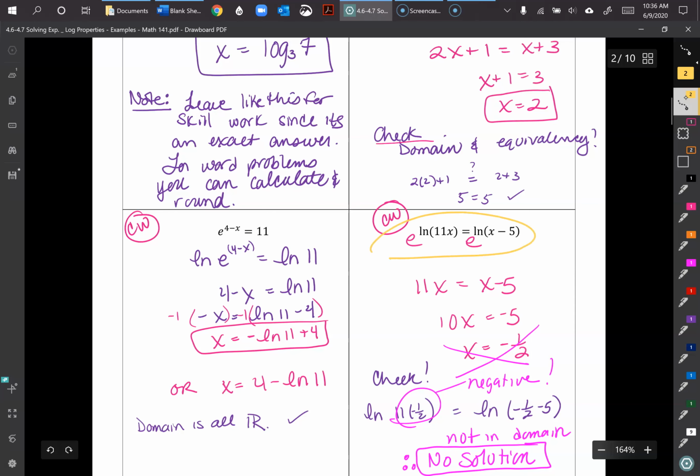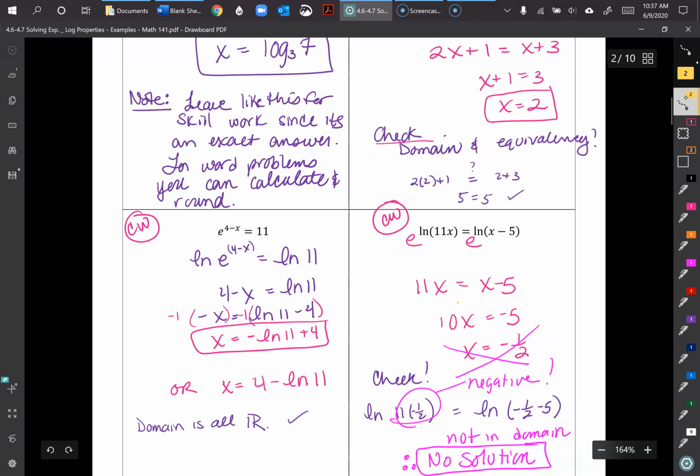On this other one on the right-hand side, we started with natural log of 11x equals natural log of x minus 5. So we can exponentiate and raise each of those up to base e and make these logs be the exponent. So we're undoing those. We're just left with our exponent.